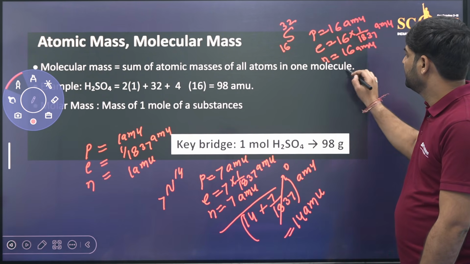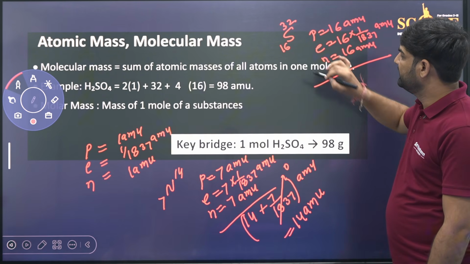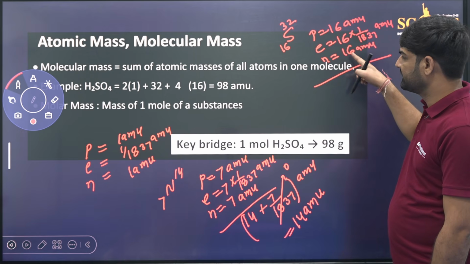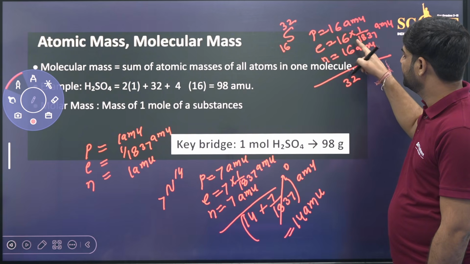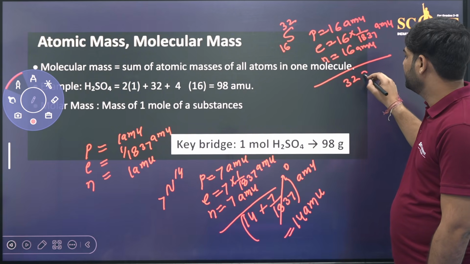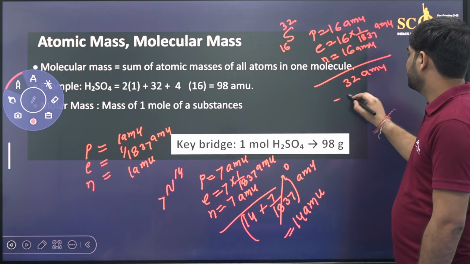Then you calculate the entire mass of this atom. This will be this plus this plus this, so this will be 32 plus something, and something can be neglected. It means we can say 32 amu.